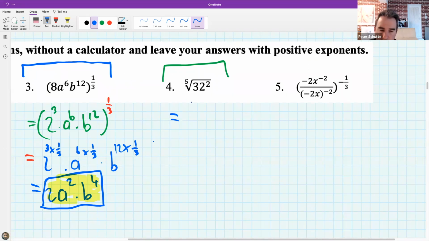Okay, so I think you are converting it from what we call root form to exponent form. So how do you do that? You have the 5 as the denominator. So basically the 5th root of something is the same as the power of a 5th.